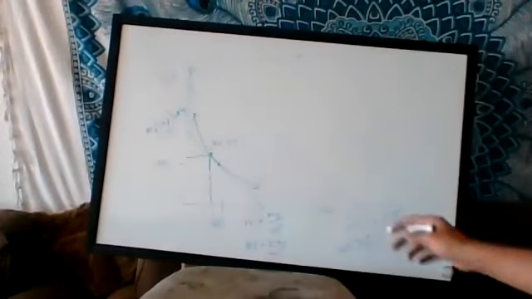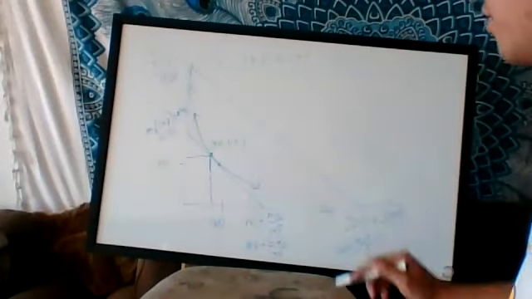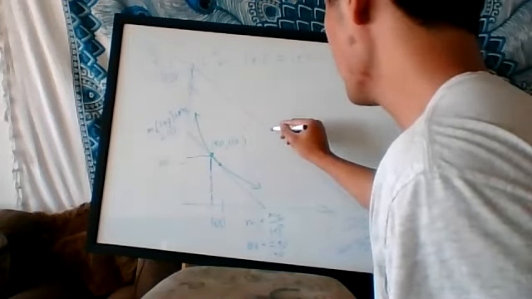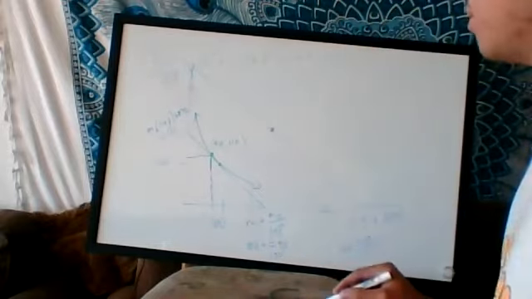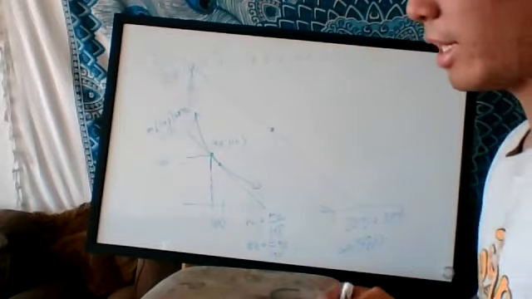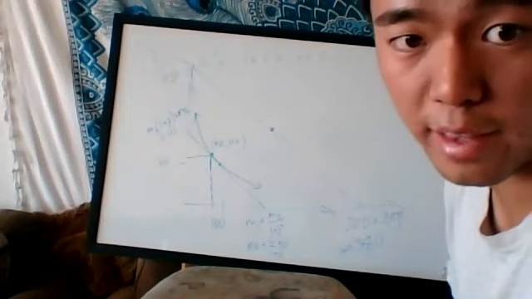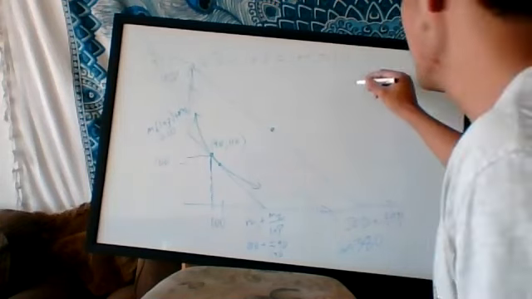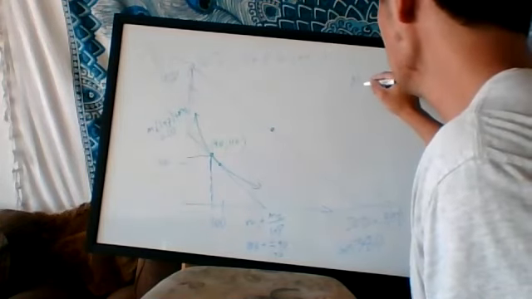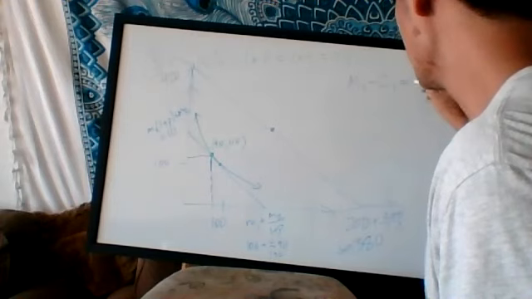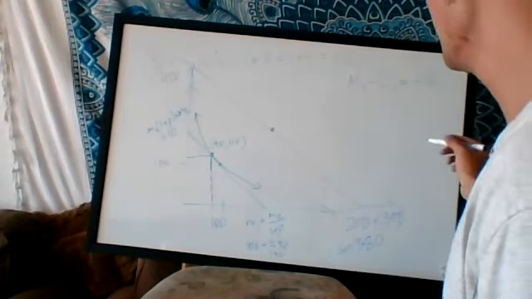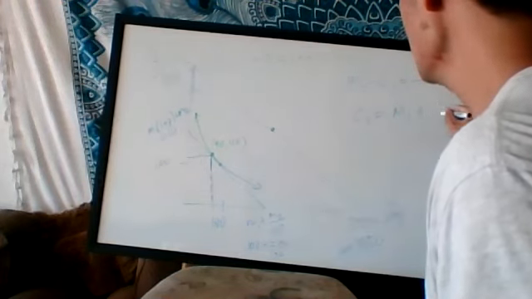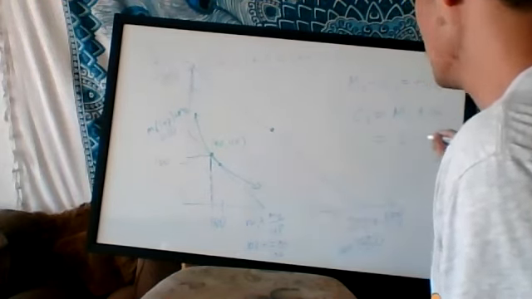So we have the axes right there. And we're given that their endowment is 200, 200, meaning that they're going to be right over here. That's about 200, 200. We're also given the fact that they're going to be borrowing $16, which means that M1 minus C1 is equal to negative 16, which means that C1 is equal to M1 plus 16, which is equal to 216.